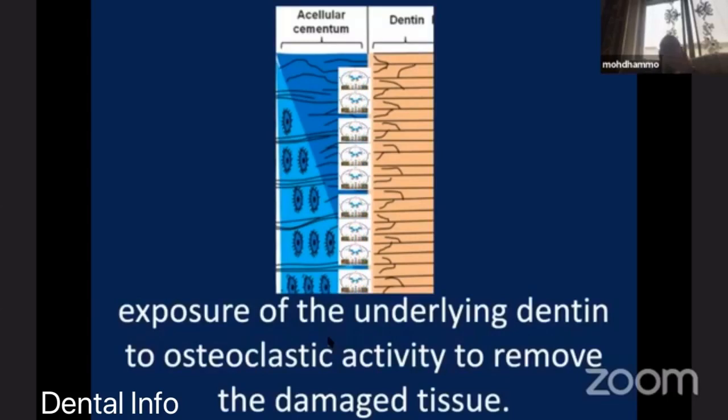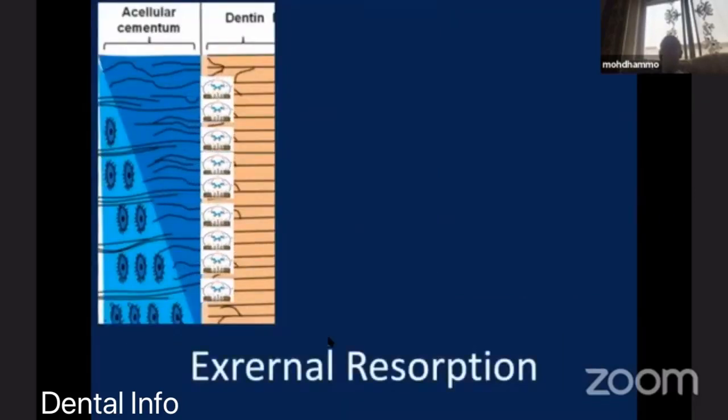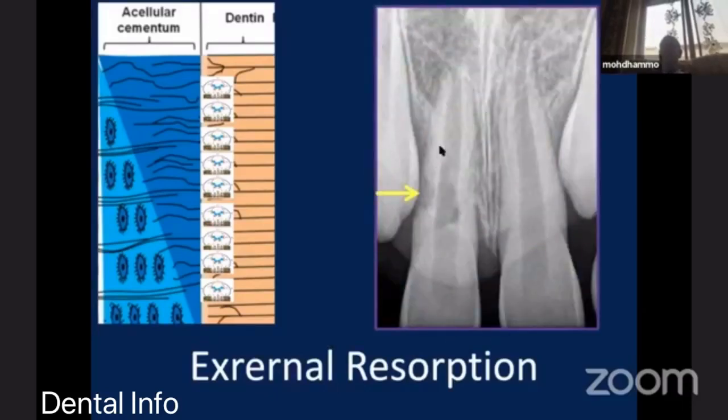So now there is nothing that will stop the osteoclasts from entering the dentin because we lost the pre-cementum. So those osteoclastic cells will enter inside and they will cause external resorption like what happened here. So now we have external resorption of this tooth because of the loss of the protective layer, which is pre-cementum.